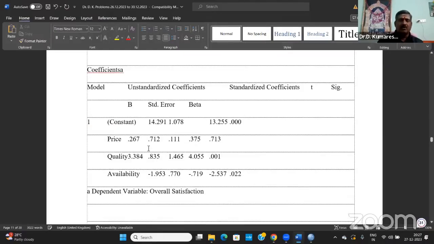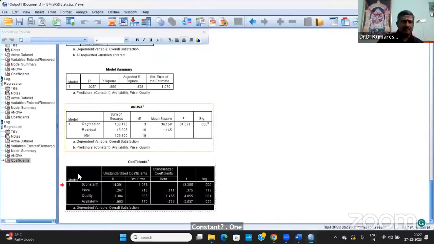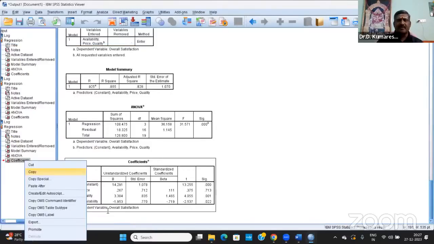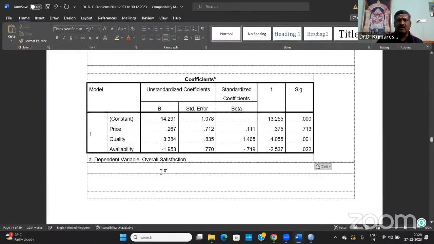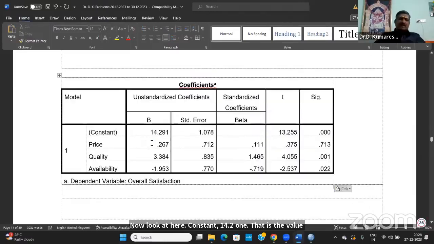Look at here. Constant 14.21. That is the value of A. A is 14.21.